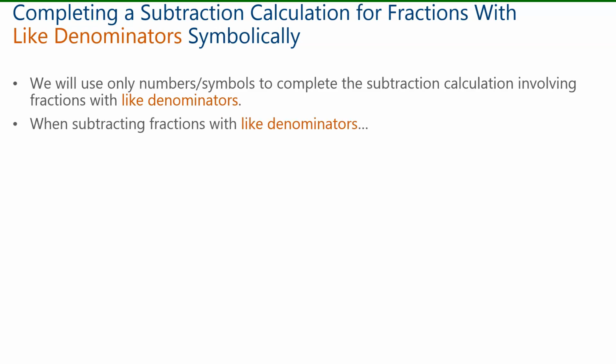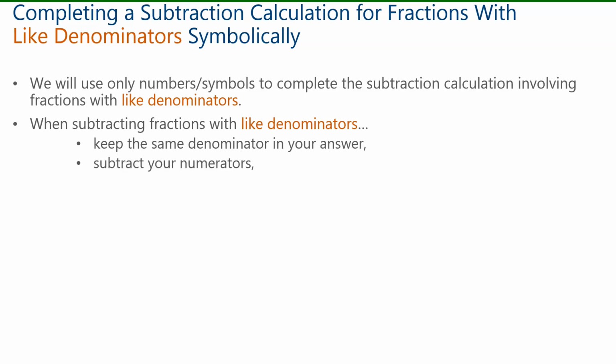So here's our algorithm, our recipe. When subtracting fractions with like denominators, we will keep the same denominator in our answer. We will subtract the numerators. And of course, simplify if necessary.